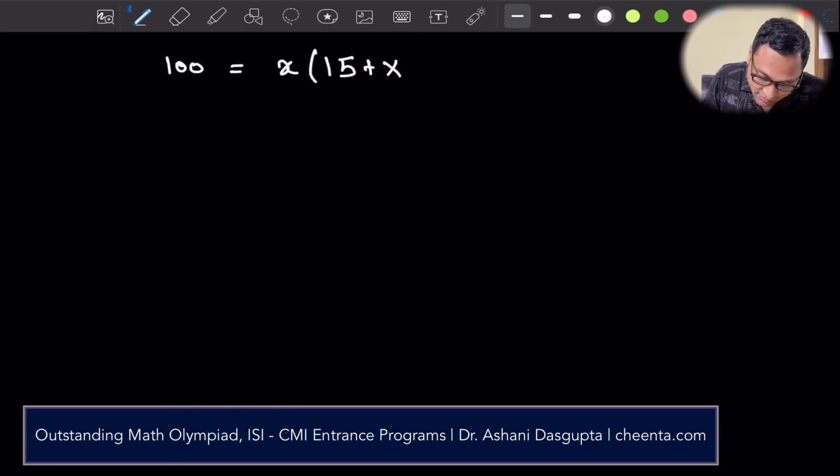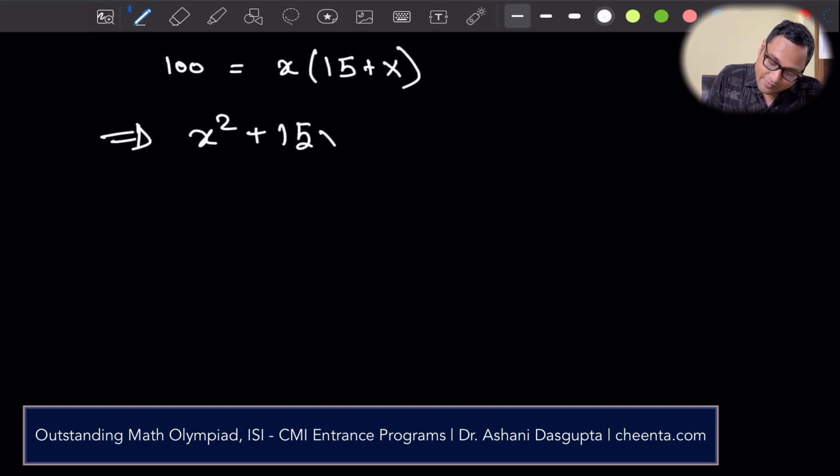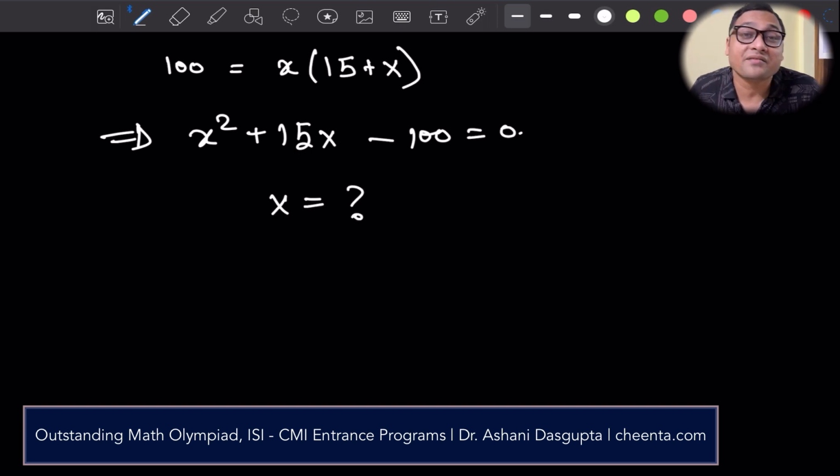If I multiply it out and bring everything to one side, I have x squared plus 15x minus 100 equals 0. So you can use middle term factorization to find the value of x. And finally, you can add x plus 15 to get PQ.